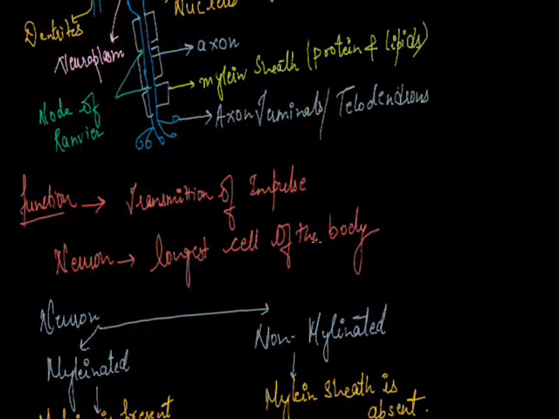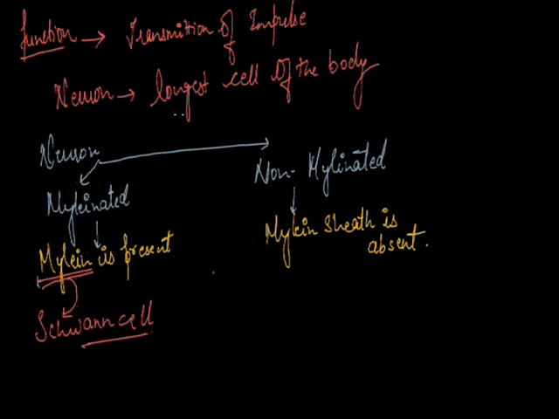So, above the myelin sheath, a Schwann cell is present. This is the nucleus of the Schwann cell. These are the Schwann cells which will secrete the myelin.